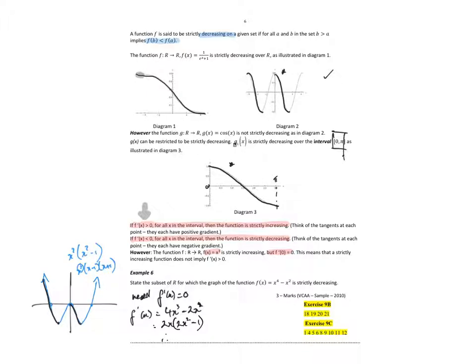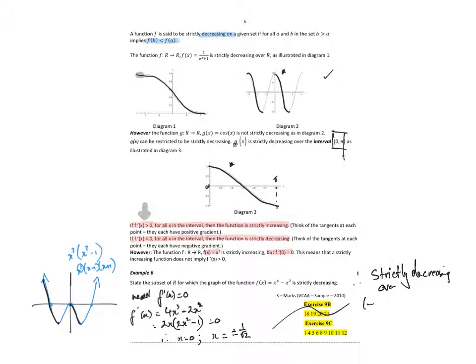Therefore, I get x equal to 0, or x equals plus or minus 1 on root 2. So they're the x values where the derivative is 0. Therefore, strictly decreasing over, well, what?